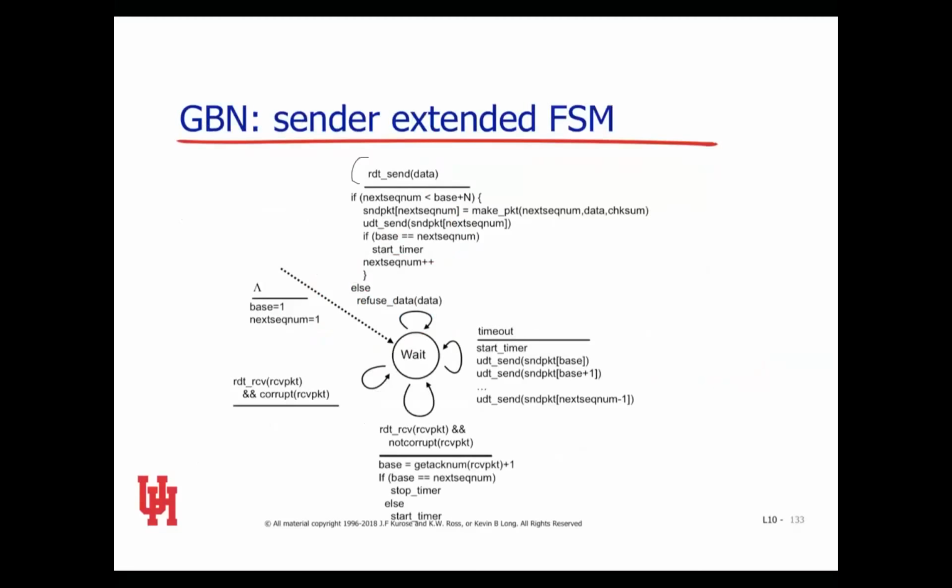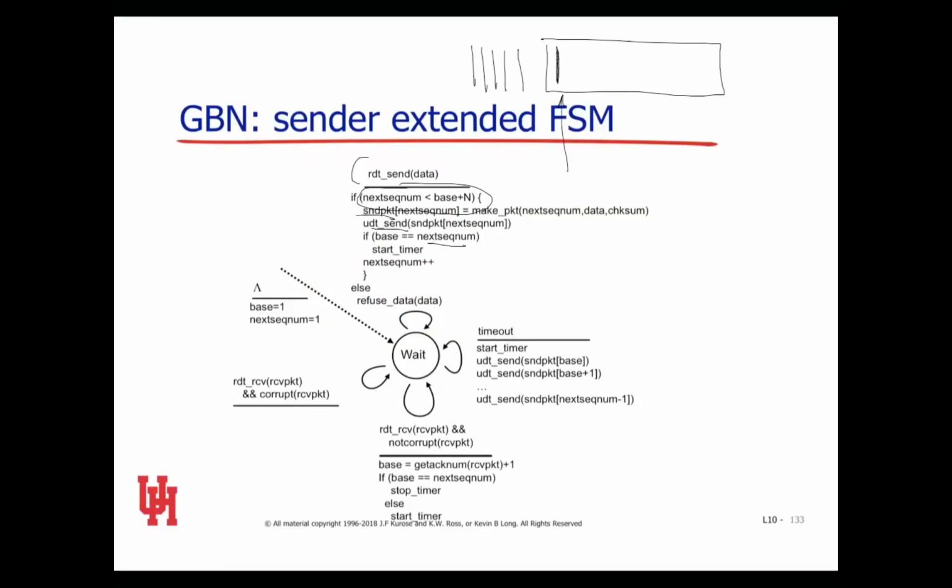If I send something, I'm going to move my sequence number over. For the next thing I have, I'm going to make a packet, and I'm going to send it. And if my base is equal to the next sequence number, that means I have a start of a fresh window. So let's say these are green, and I start to send a packet.